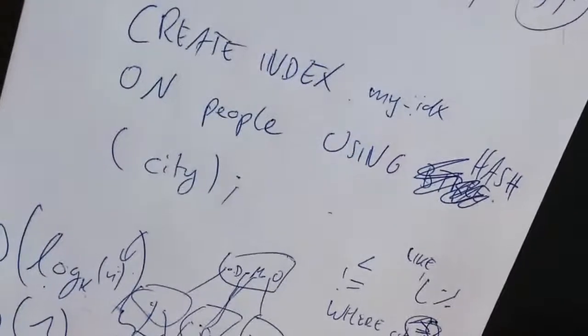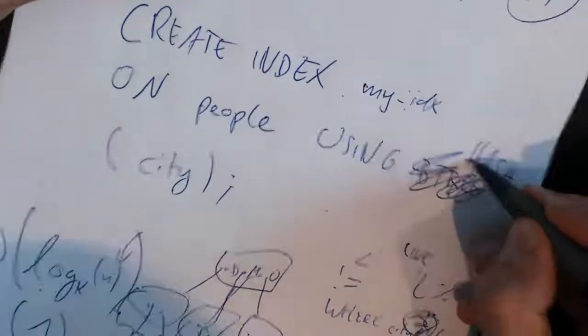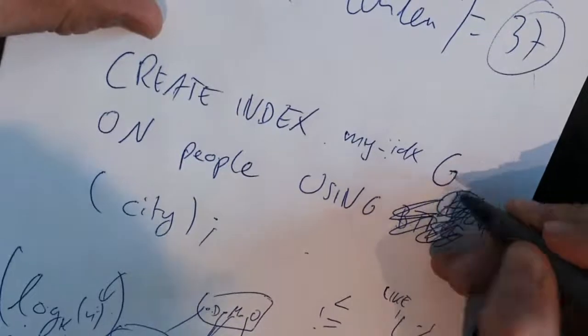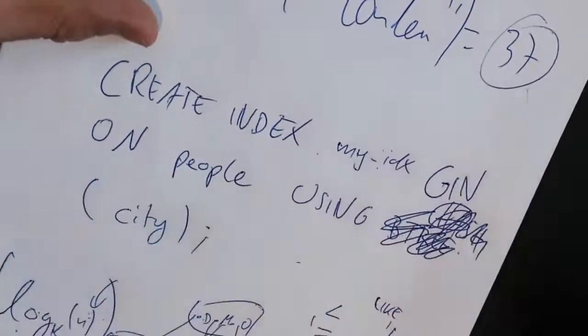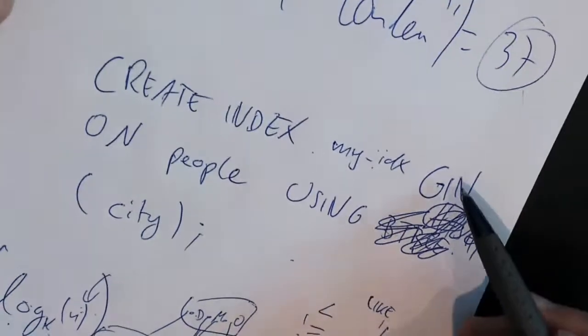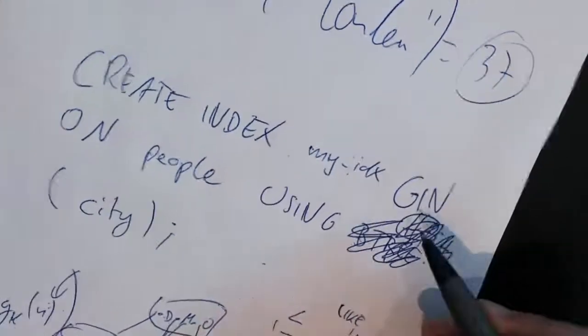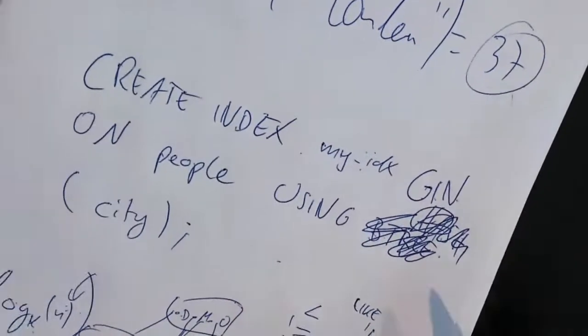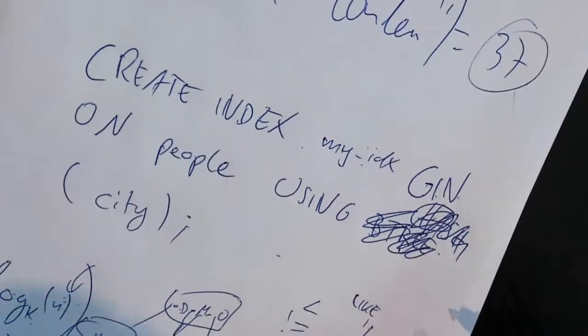That's the idea. And now for JSON, I think two Russian people, or at least one Russian person, introduced the GIN index, the generalized inverted index, and this generalized inverted index can be used on JSON data.